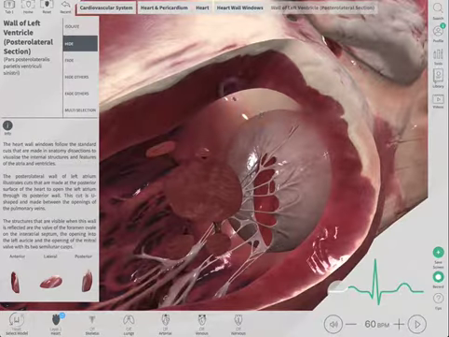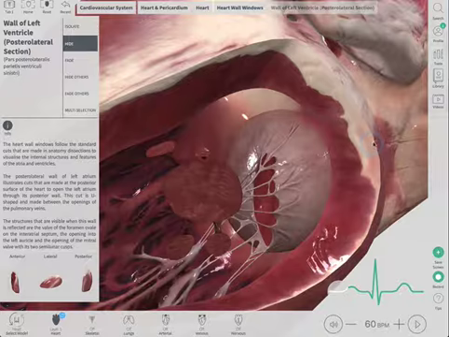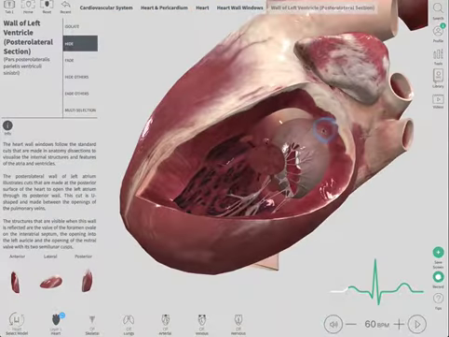So it's a bacterial infection, and it enters through an open wound, and it affects the endocardium, and the infectious bacteria can break off and enter the bloodstream, which is dangerous.